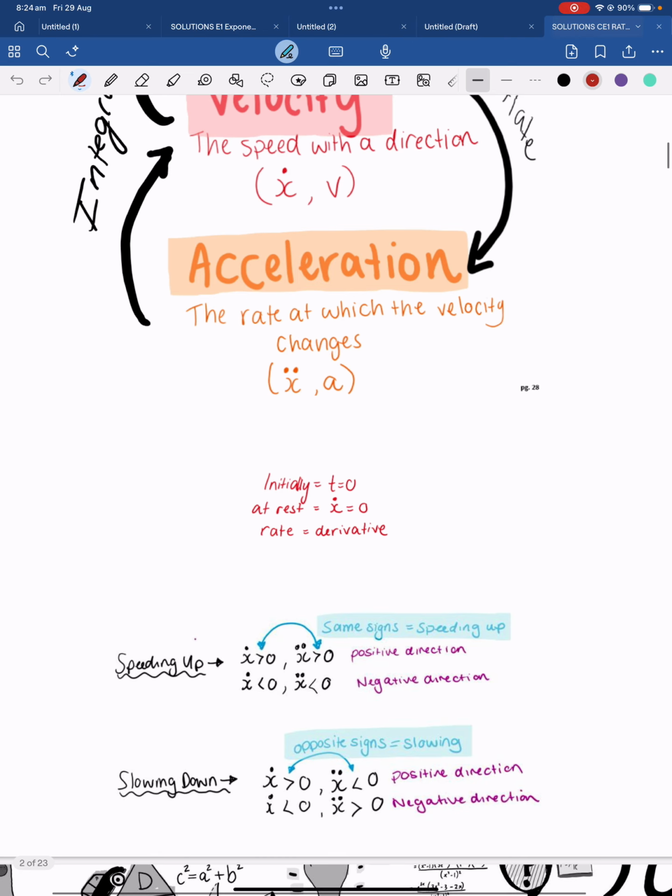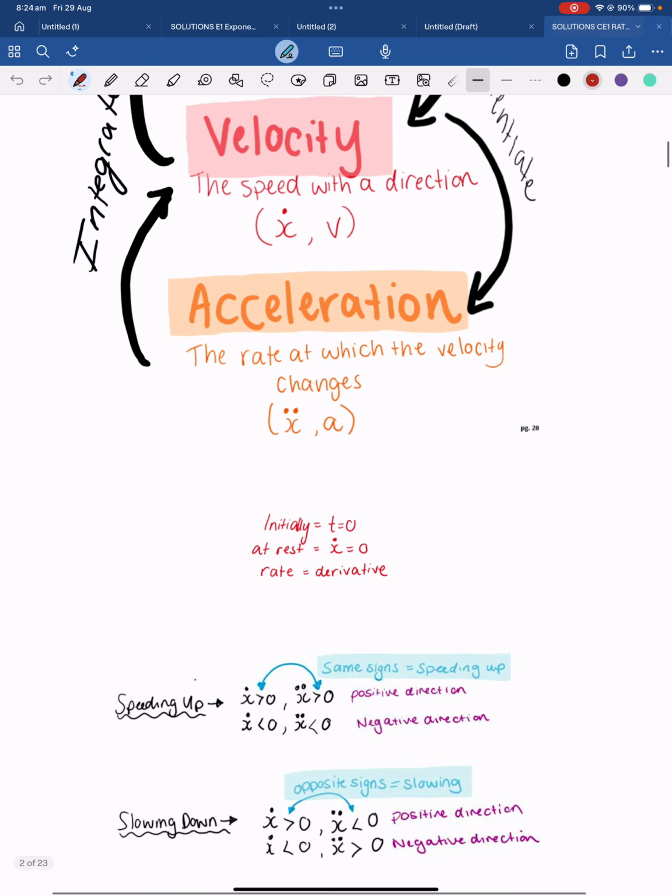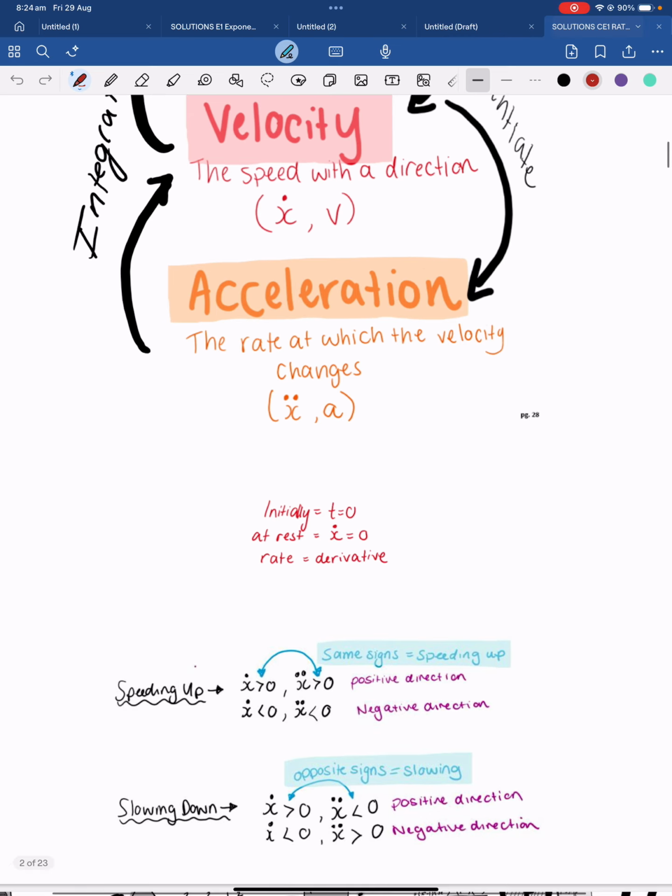Some other things to know about what they like asking in the HSC is, they like you to comment on what's happening to this particle, depending on what the acceleration and velocity are doing. So a particle will always be speeding up if the velocity and acceleration have the same signs.